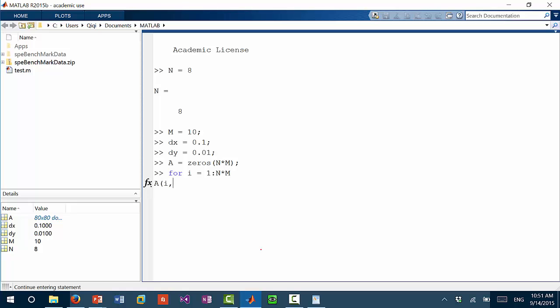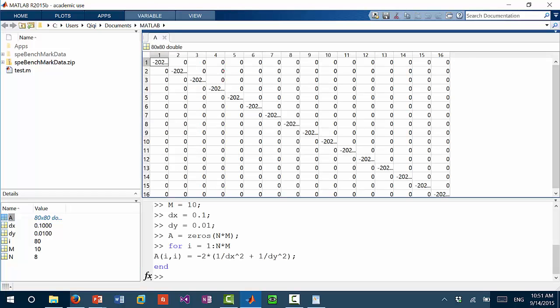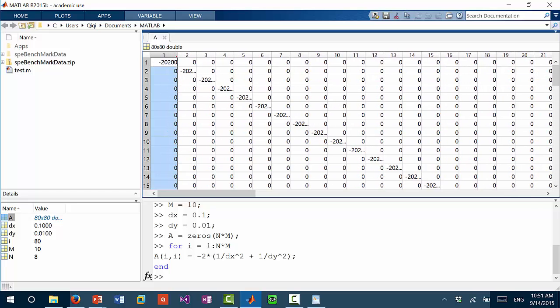A of i, i is equal to minus 2 times 1 over dx squared plus 1 over dy squared. Now if you open up this matrix A, you're going to see I filled the diagonals to be minus 20200. That's what the diagonals are.